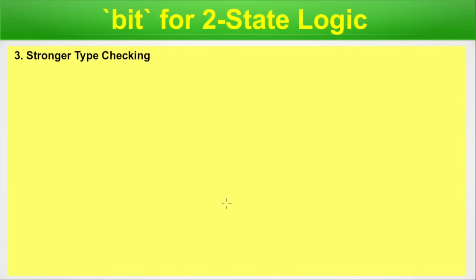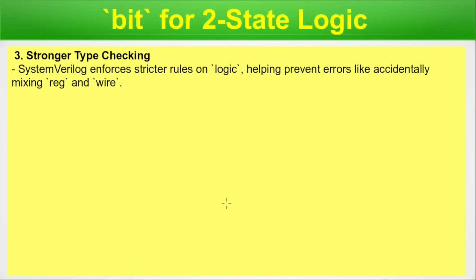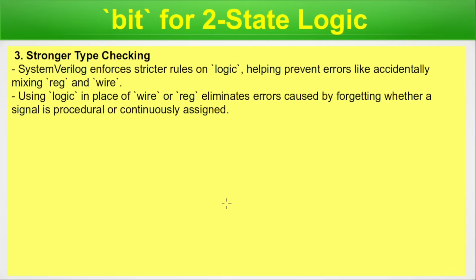Stronger type checking. SystemVerilog enforces strict rules on logic, helping prevent errors like accidentally mixing reg and wire. Using logic in place of wire or reg eliminates errors caused by forgetting whether a signal is procedurally or continuously assigned. Now we come to the topic of this slide, that is the introduction of bit for two-state logic.